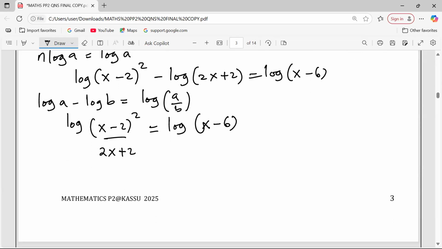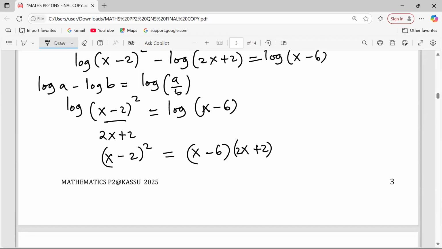At this point, we can agree that we can drop logarithms to remain with (x minus 2) squared over (2x plus 2) equals x minus 6. This one should be multiplied by 2x plus 2.